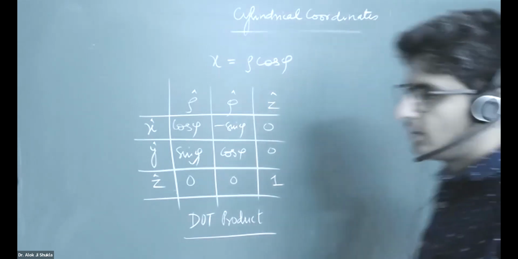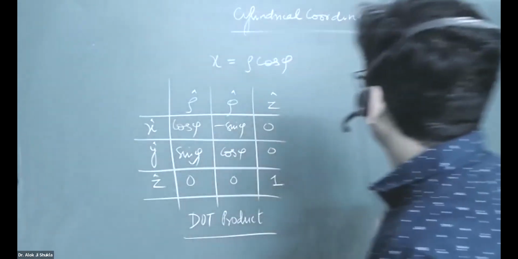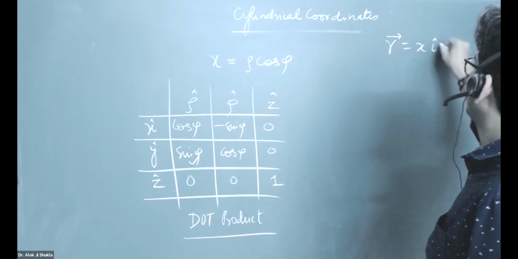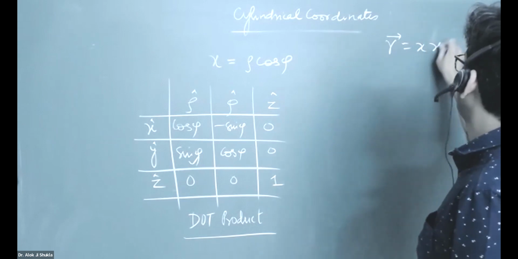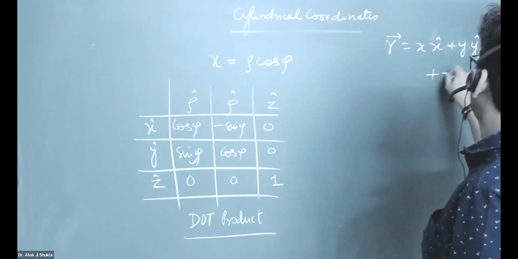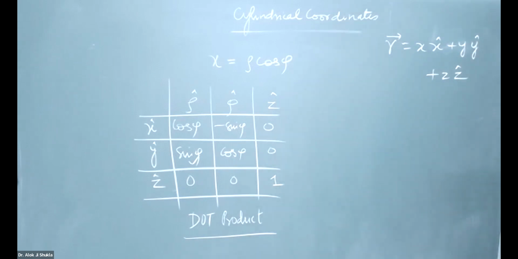Now, if you remember, I had written it like this: r is equal to x unit vector of x plus y unit vector of y plus z unit vector of z. I wrote it like this, right? Yes, sir.